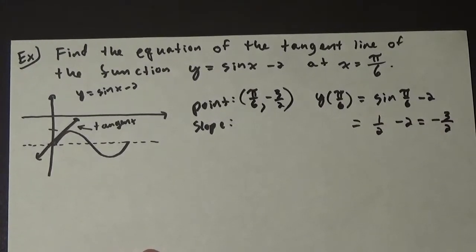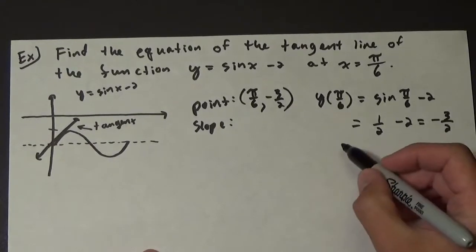Now we need a slope. Right now we don't have a slope. However, we do have this new tool of calculus called the derivative. And if you remember, the derivative, in a way, gives us an equation that allows us to find the slope of tangent lines.